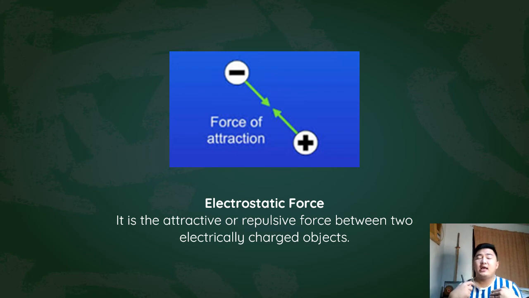And if you have the same charge, then they will have a repulsive force, or they will repel each other. And with this type of force as well, you don't need to stick the objects together for the force to act on them. So these are your examples of non-contact forces.